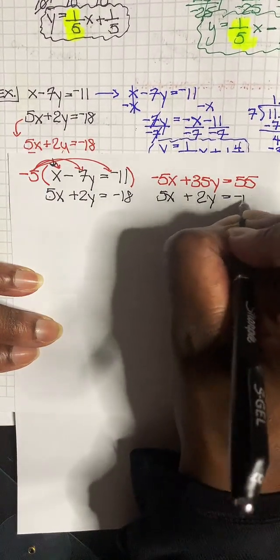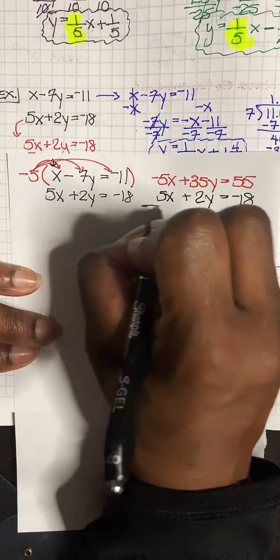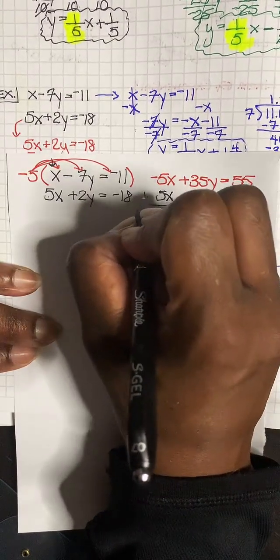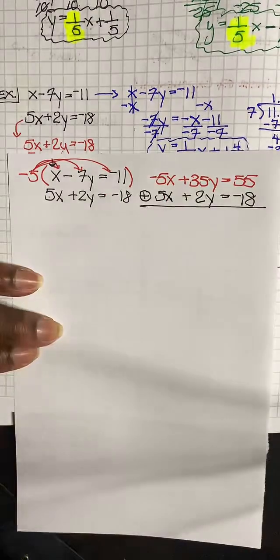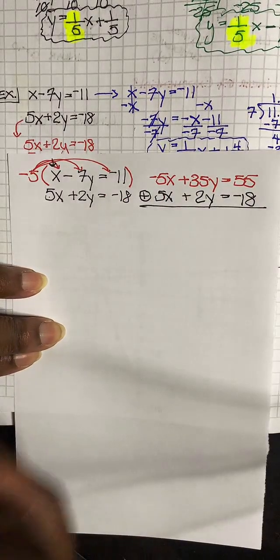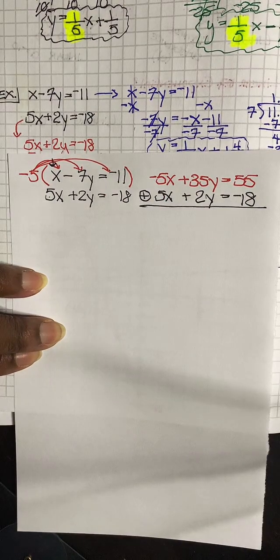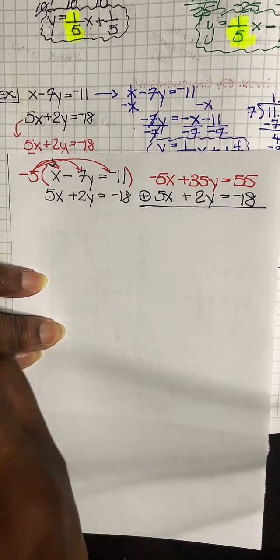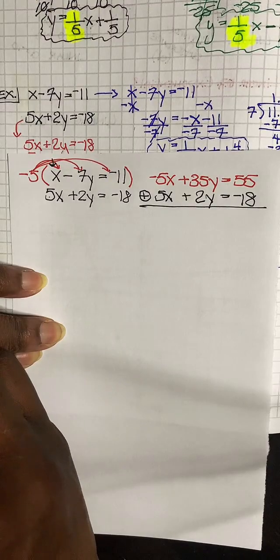Okay, normally I do not do all this work. I'm just doing it so you guys can see the difference. And if given an opportunity for the GED, ASVAB, TEAS test, and ACCUPLACER, you can figure out which way you want to solve it.